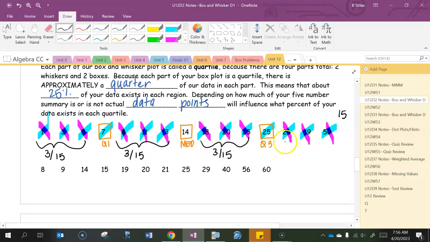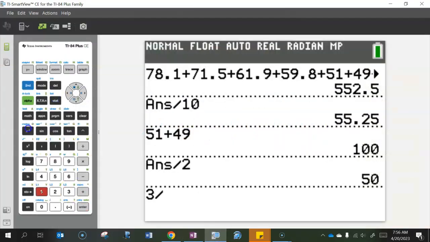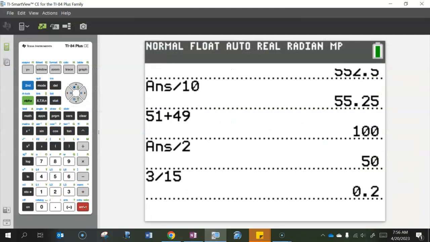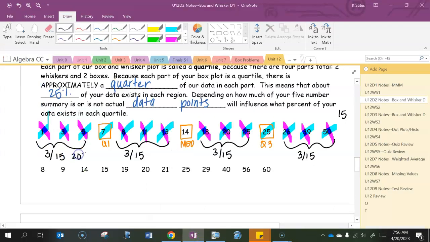Okay, so if you divide 3 out of 15, that gives you about 20%, or actually exactly 20%. Okay, it's not 25% because 3 of our data points aren't being included, because 3 of our data points were actually part of our 5-number summary. Okay, so it's not always exactly 25%, but it's going to be pretty close.